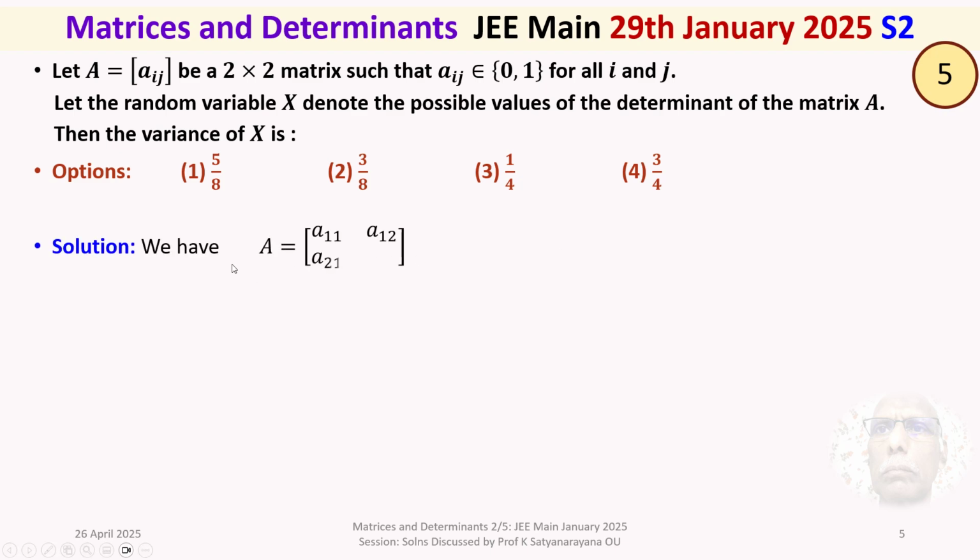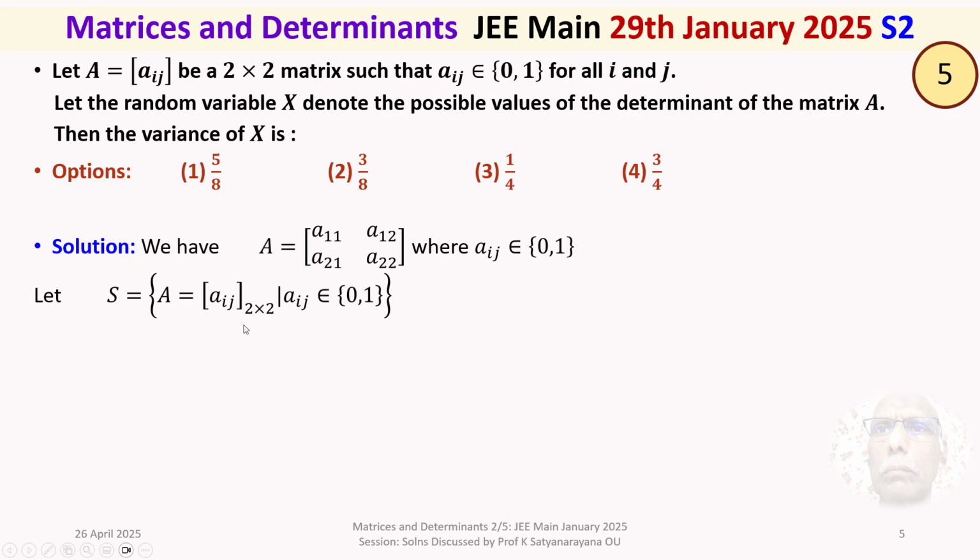We have capital A is Aij, a 2 by 2 matrix, that is the first row is A11, A12, second row A21, A22, where the entries Aij belong to the set consisting of 0 and 1. That means the entries are either 0 or 1. Let S be the set of all 2 by 2 matrices with the entries from the set consisting of 0 and 1. That means S is the sample space in this discussion.